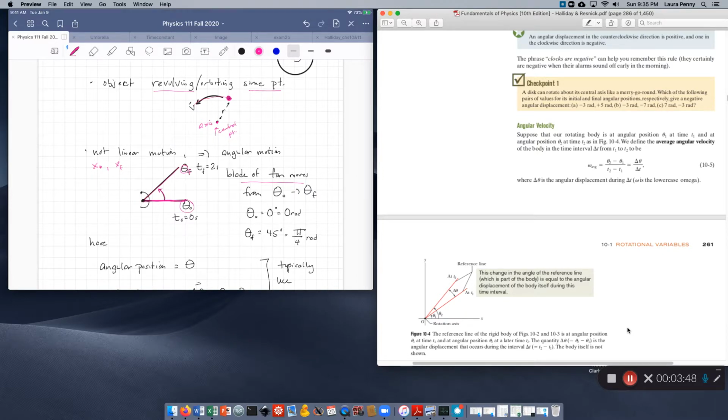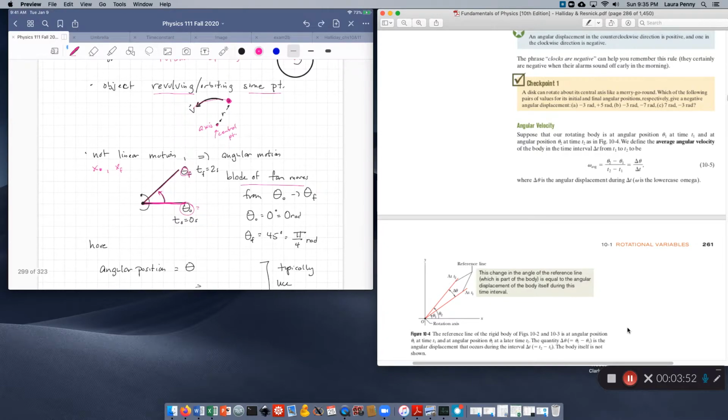I could say, what if this is 0 degrees, and then theta final is like 45 degrees. And we usually do this in radians. So 45 degrees is pi over 4 radians. The whole thing is 2 pi. Halfway up is pi over 2. So a quarter of the way through the first quadrant is pi over 4.